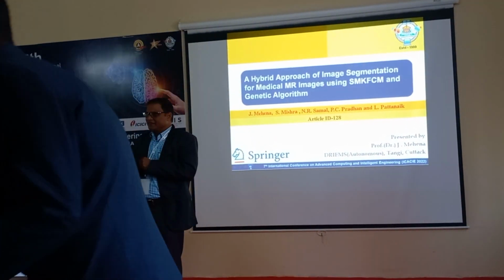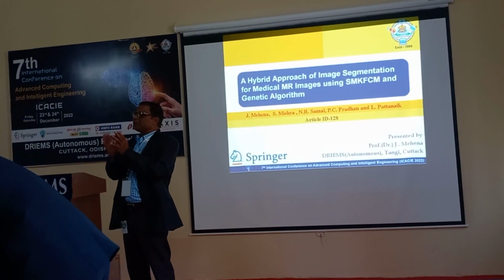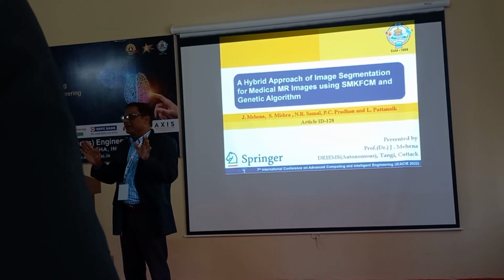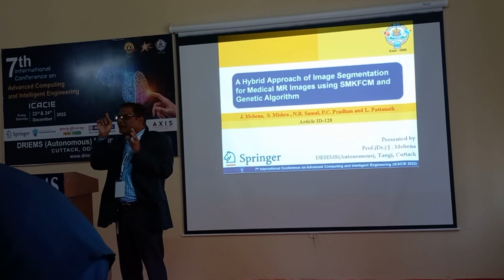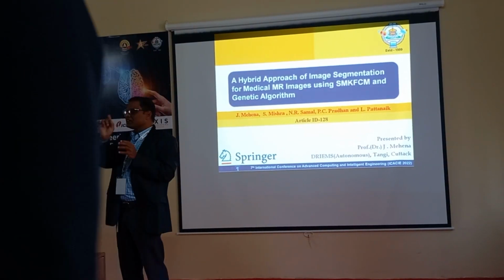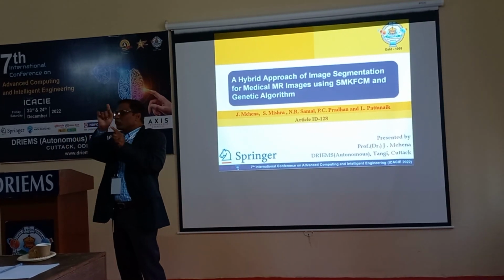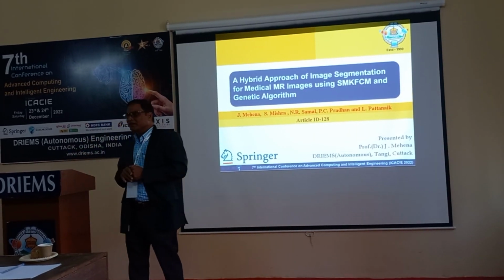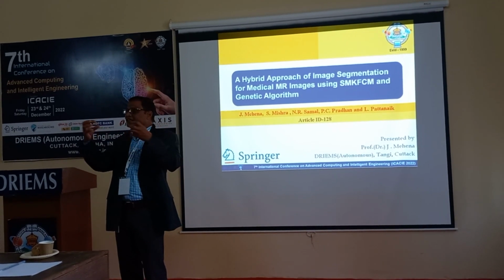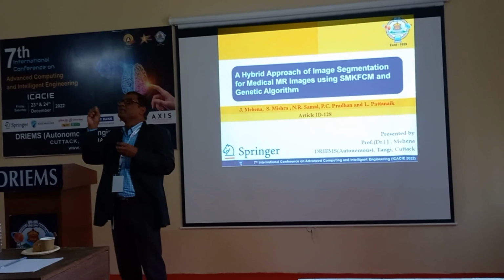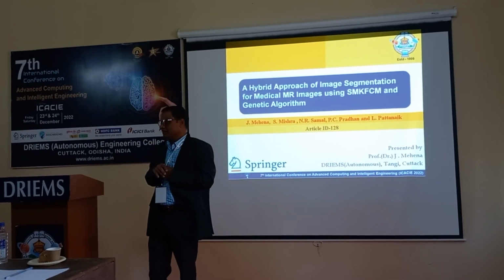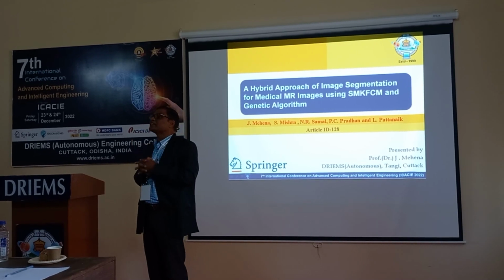If you want to show the mathematical form of the image, it is an array of elements in the form of 64 by 64, 128 by 128, 256 by 256, rows as well as columns. The individual elements, the smallest element of an image, is called a pixel. Pixel is the smallest element of an image.